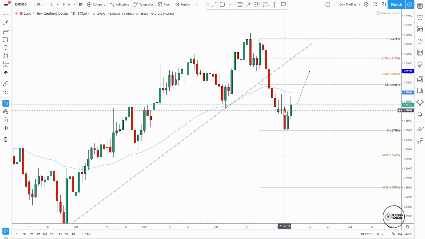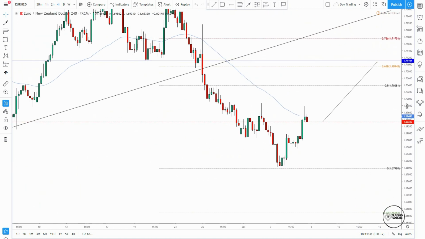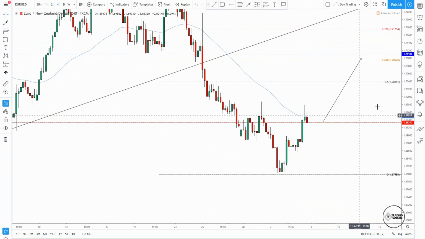So here we had this bearish candle, and I thought that the price was just about to flush, and then boom, again, just manipulation and the banks playing with us.